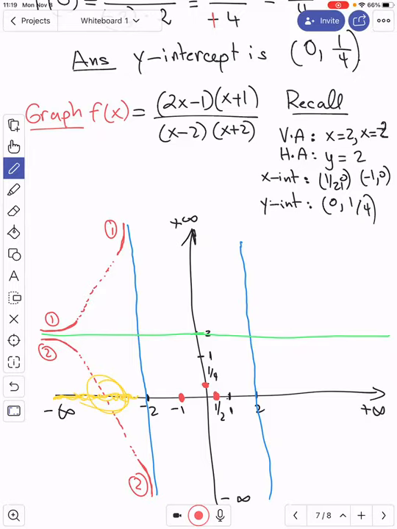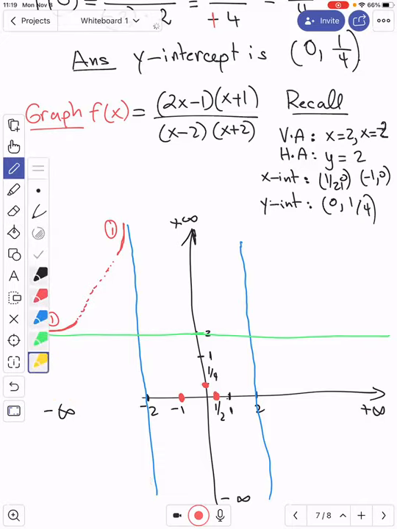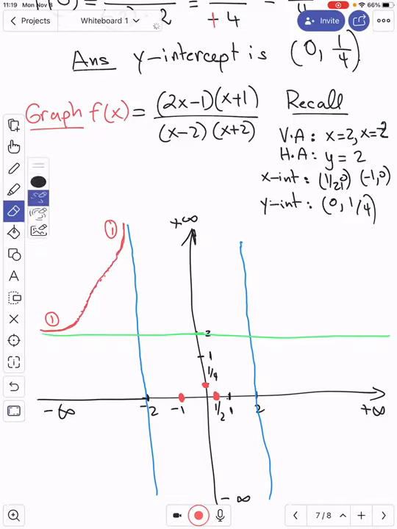So the right graph would be the one above the horizontal asymptote. This is supposed to be my x-axis here. So we're gonna go up, and I'm gonna just erase this. All right, this is the first part of the graph.